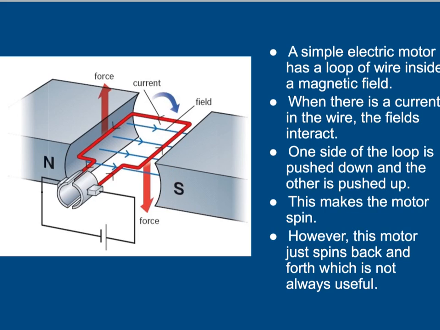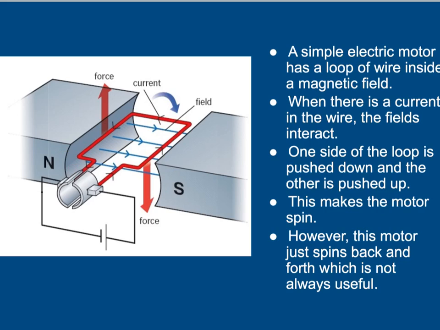One side of the loop is pushed down and the other one is pushed up. This is because the current in the loop is flowing in different directions. So this one is going that way and this one is coming down this way. So you can check the forces are right by using Fleming's left-hand rule. So because you've got a force acting downwards and a force acting up, this makes the motor spin.